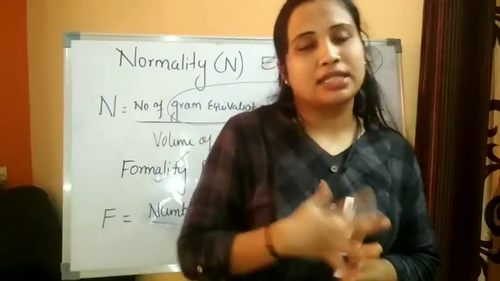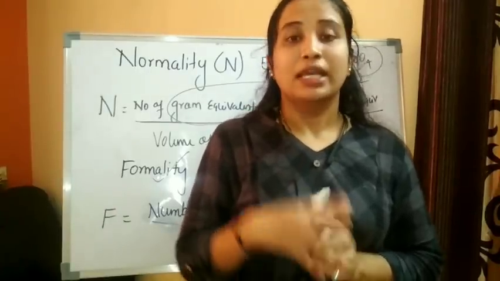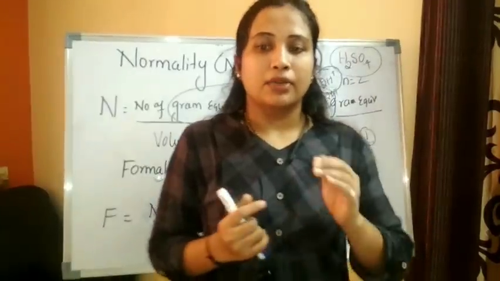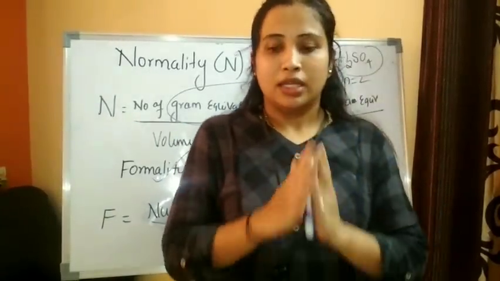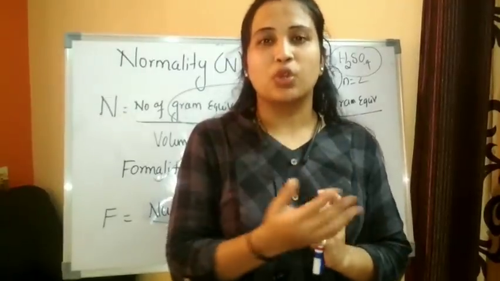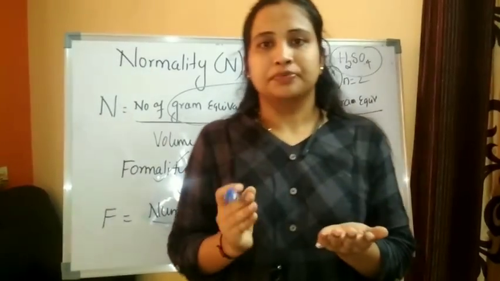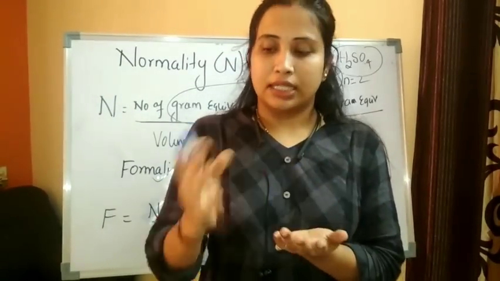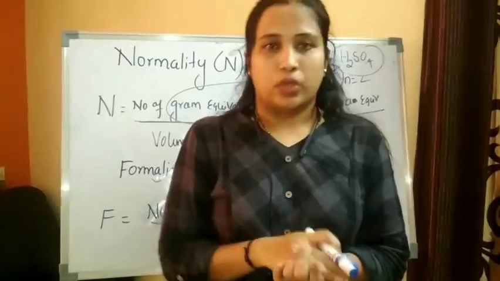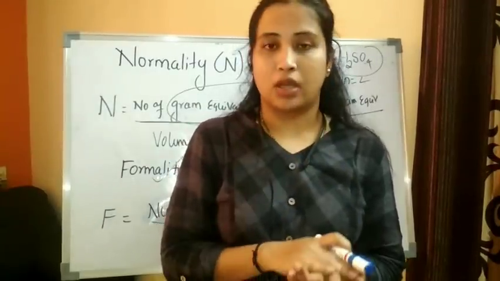Okay. So the next concentration term is mole fraction, which is represented by X. I'll give a brief explanation of what we mean by mole fraction. See, I have a solution, meaning I have a container. In that I have put sodium chloride in a definite quantity of water.